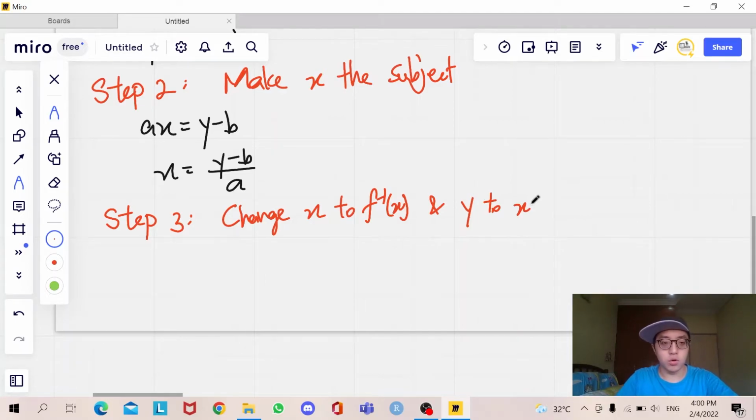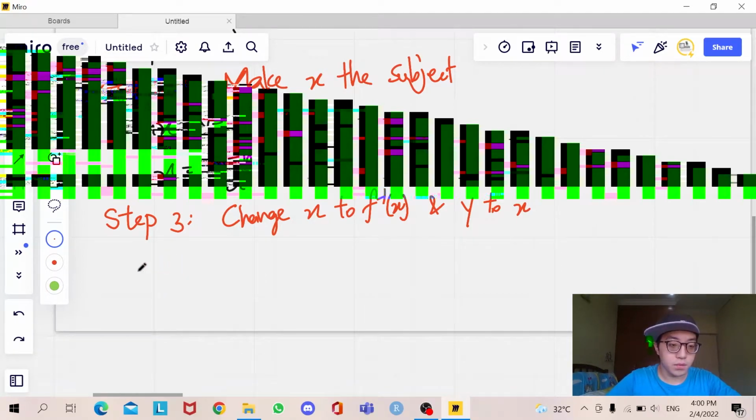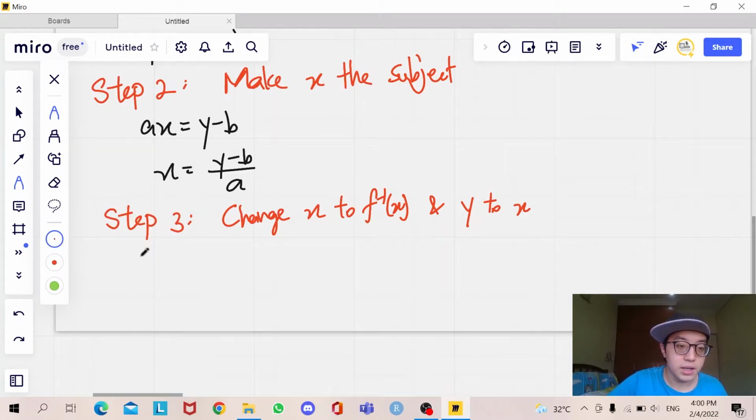If you really want to know why you can just change like that, you can go to other videos. Here, I will just tell you the 3 simple steps so that you can find the inverse as fast as possible, because in exams, to find an inverse, you need to be very fast.